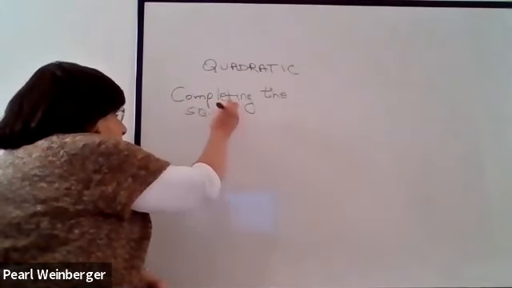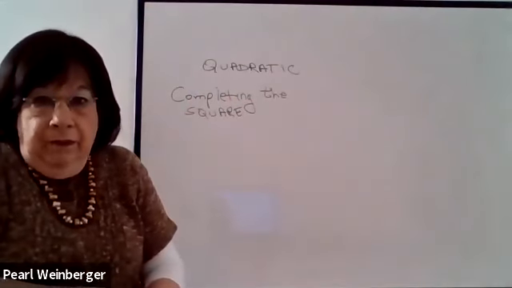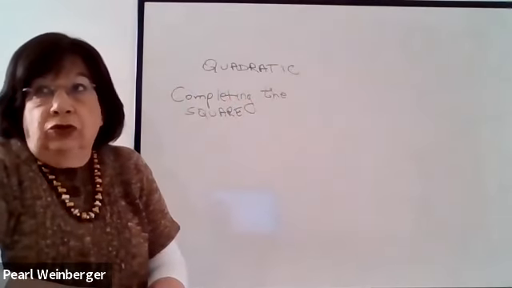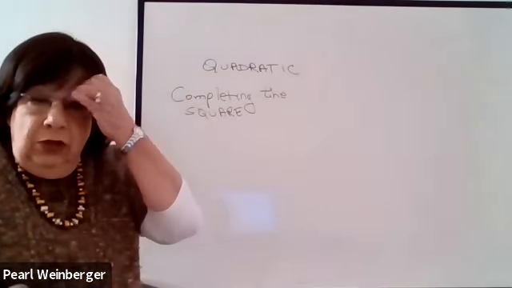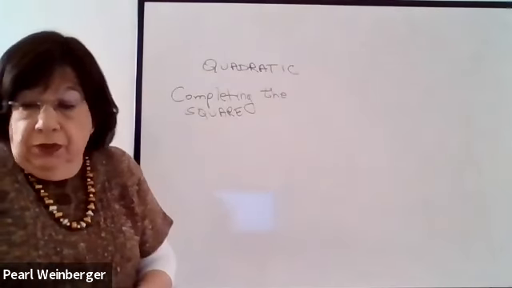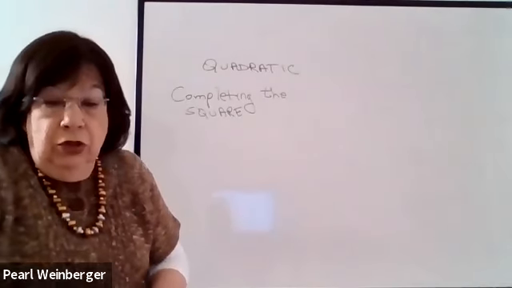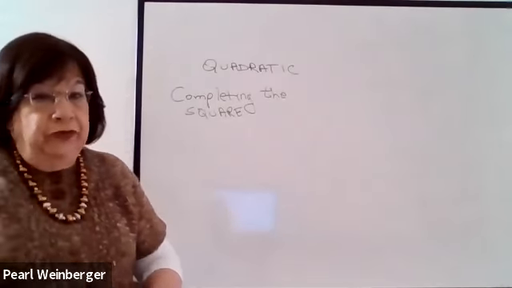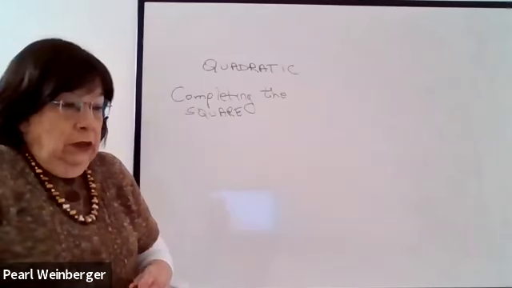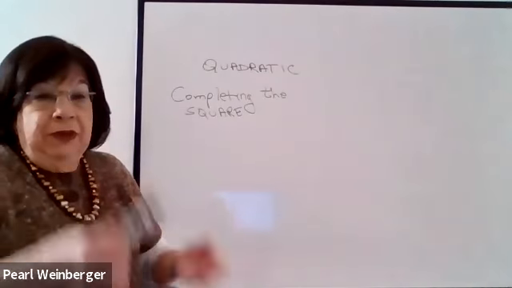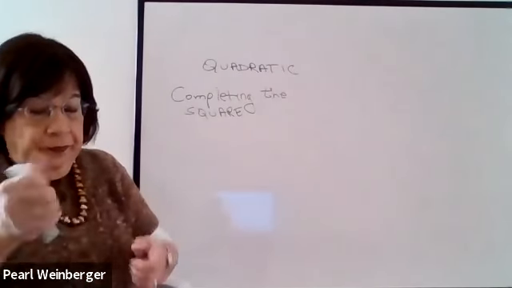The second method, I don't know if we'll get to it today, but we certainly will by next Tuesday, is a formula. It's called the quadratic formula. But today we're going to learn this method called completing the square. In order to learn this method, we have to start with some preliminary work and work our way up to this method.